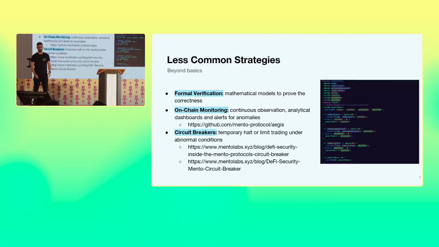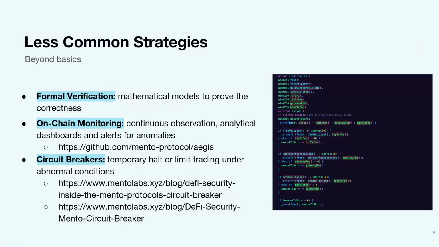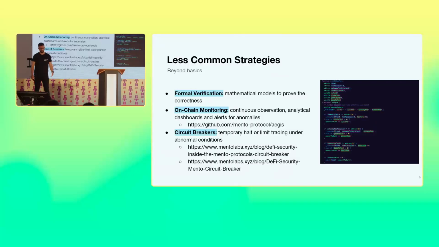And the last technique that I will mention here is circuit breakers. We are talking about on-chain circuit breakers here, and on-chain circuit breakers are modeled after their traditional finance counterparts. So we use them to temporarily halt or limit trading under abnormal conditions.